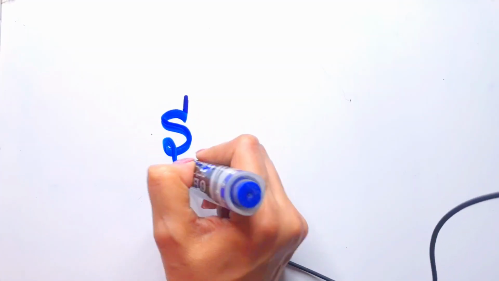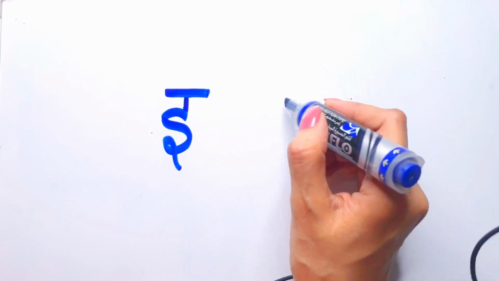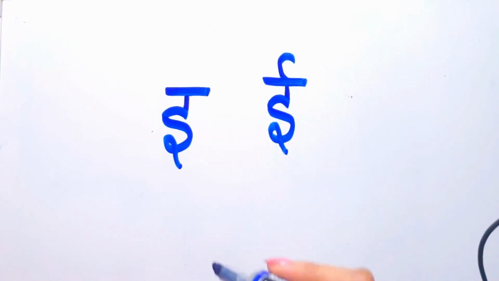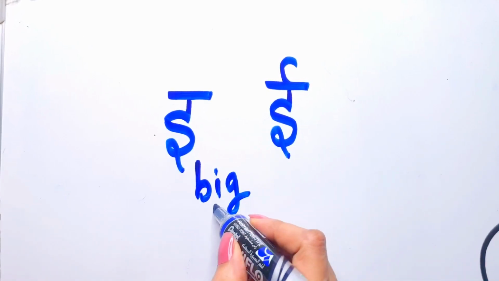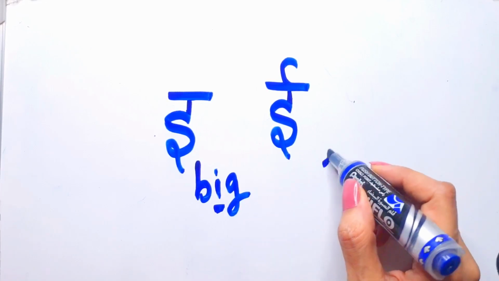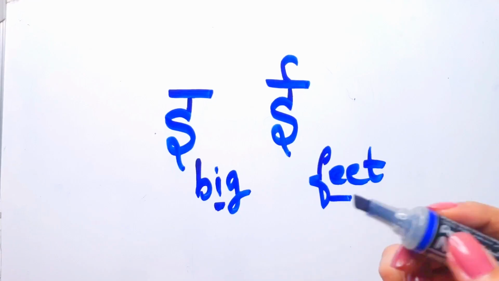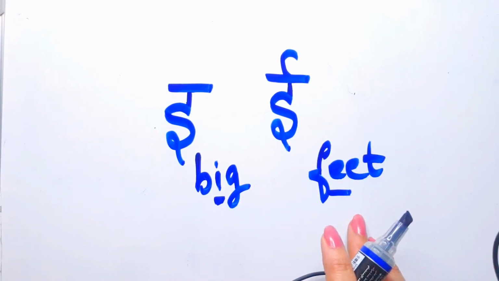If you remember, this is choti e and this is badi e. Okay, so if you have to write big, this is a small sound, i. But if I want to write feet, this will be a longer sound. So i and e.